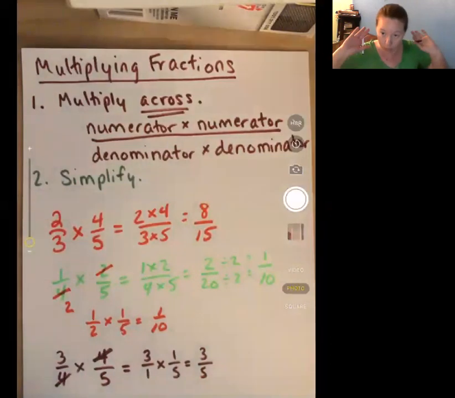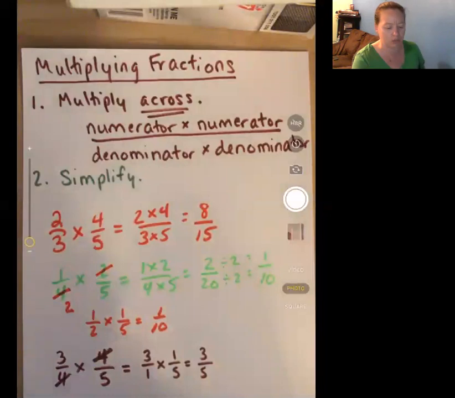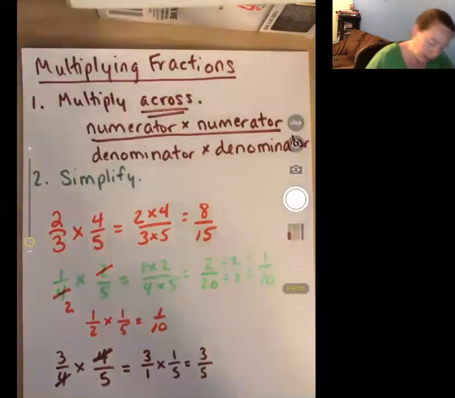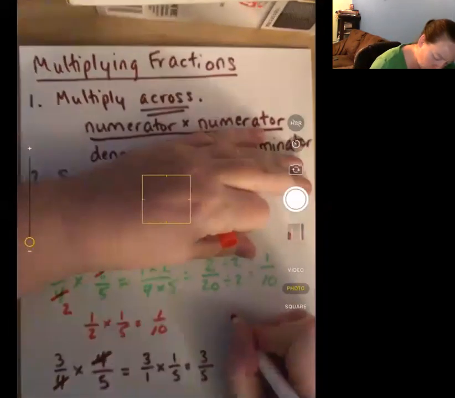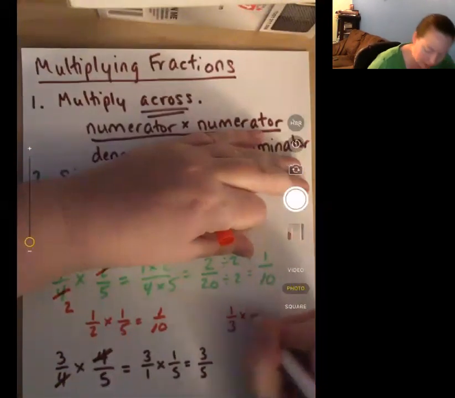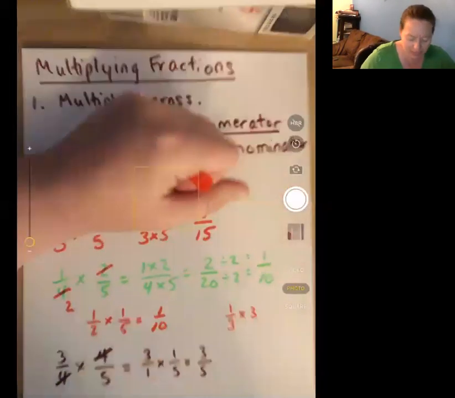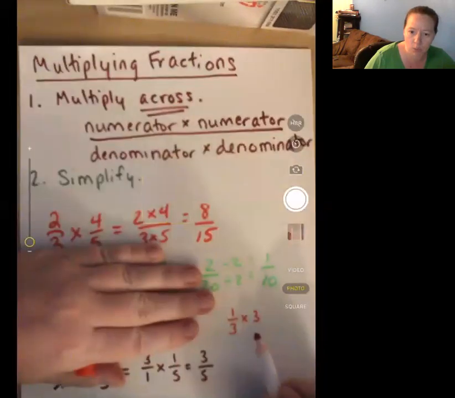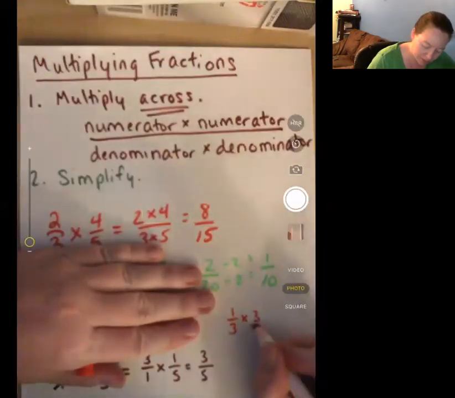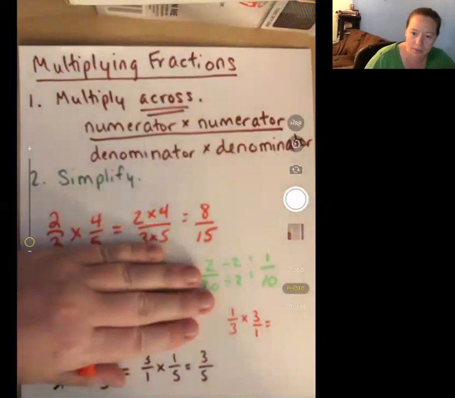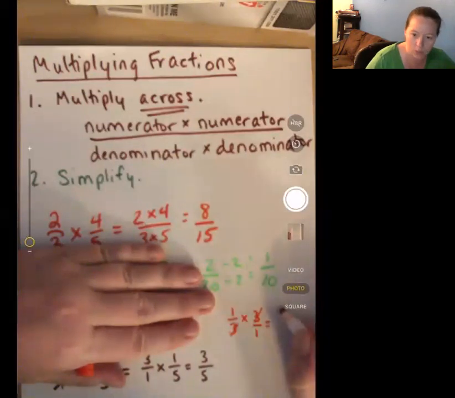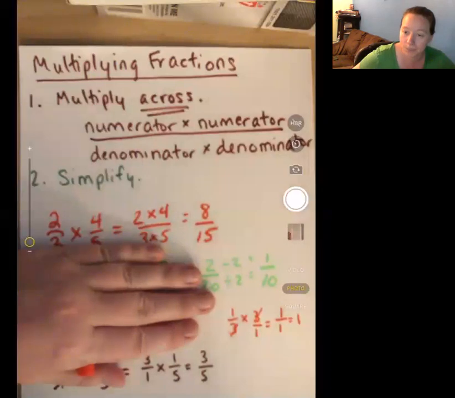It's fine. It'll work. One other little snafu that you might run into. If you are given something like 1/3 times 3, that 3 has an invisible 1 underneath it. Okay? And once again, you see I have a 3 on the top, I have a 3 on the bottom. So it ends up becoming 1 times 1, which is 1, over 1 times 1, which is 1, and it just ends up becoming a 1.